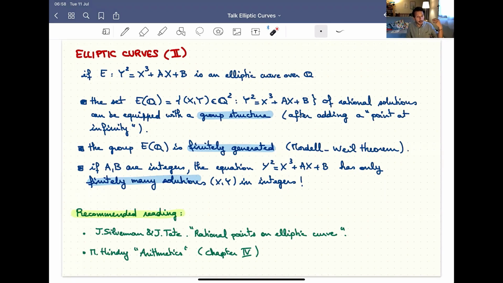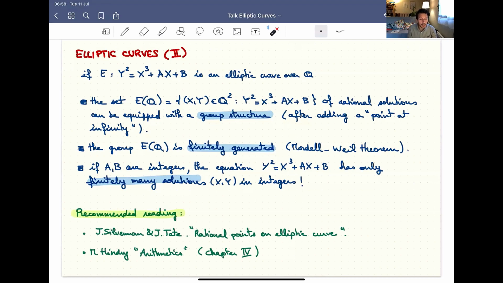The fact that the set of solutions can be built from finitely many solutions, the finitely generated statement, and also that you have only finitely many solutions in integers, is still true. This is just an opening to further topics if you're interested.